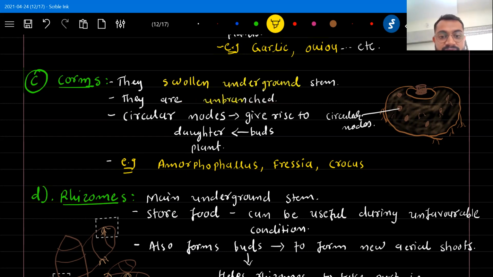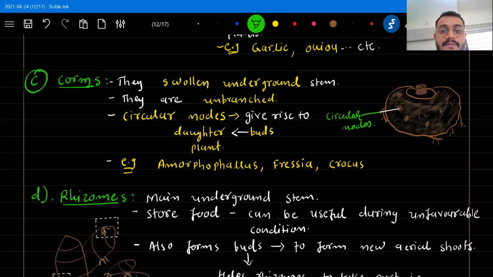They are unbranched, so you cannot see any branch. They are generally circular. They have circular nodes, and those nodes are capable of giving rise to the new daughter plant. It gives rise to buds, and those buds are capable of giving the new daughter plant. So these are the circular nodes you can see here.